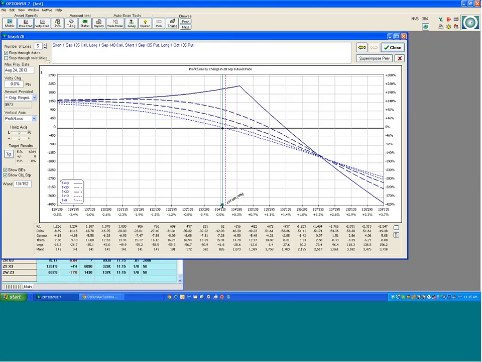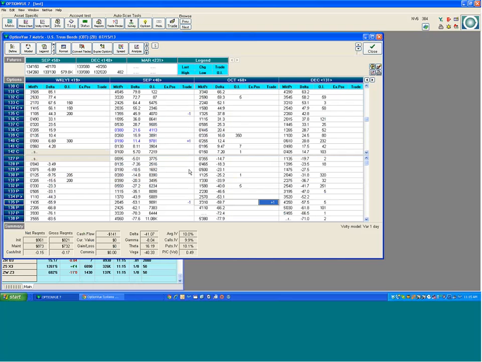Let's try a different adjustment. Let's put that 130 put back, and instead of purchasing the 135 put, let's look at purchasing the 138 put, and let's try selling another one of the 135 puts.